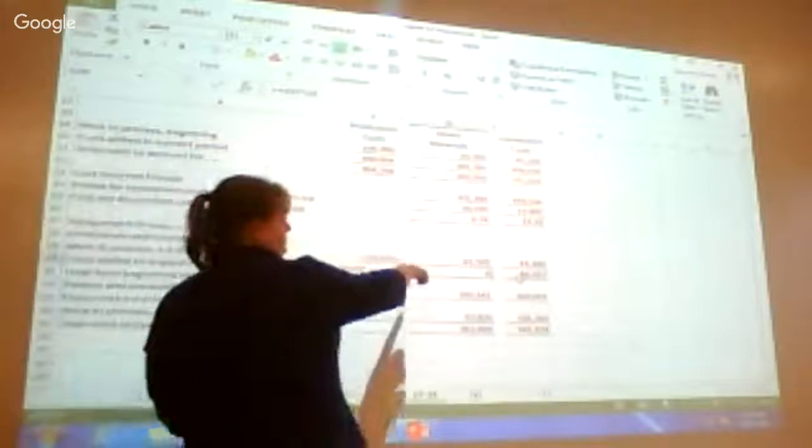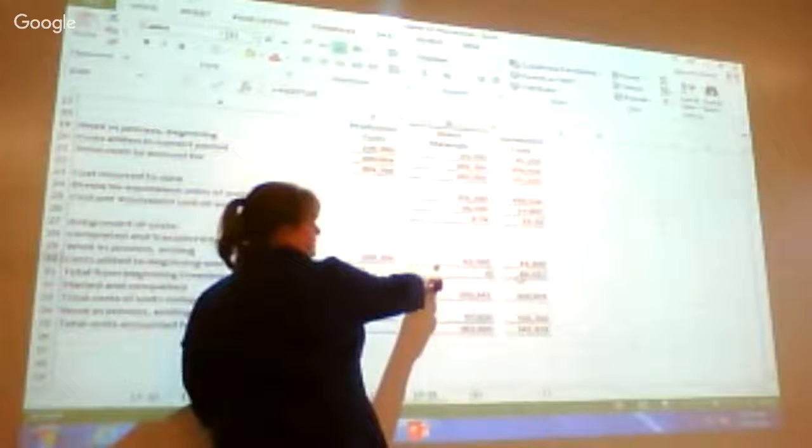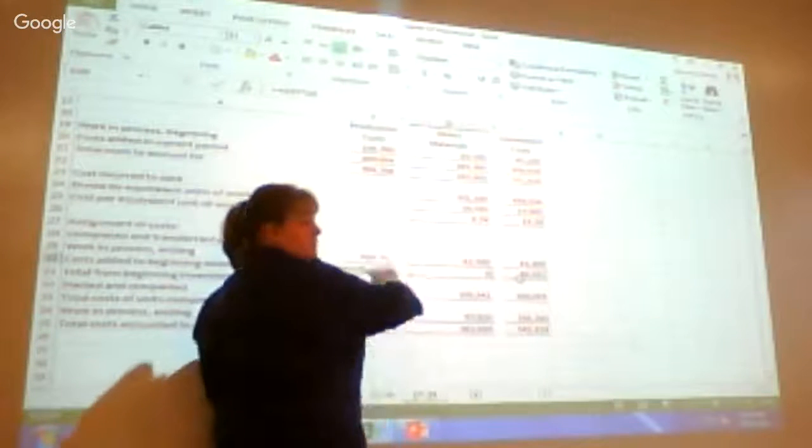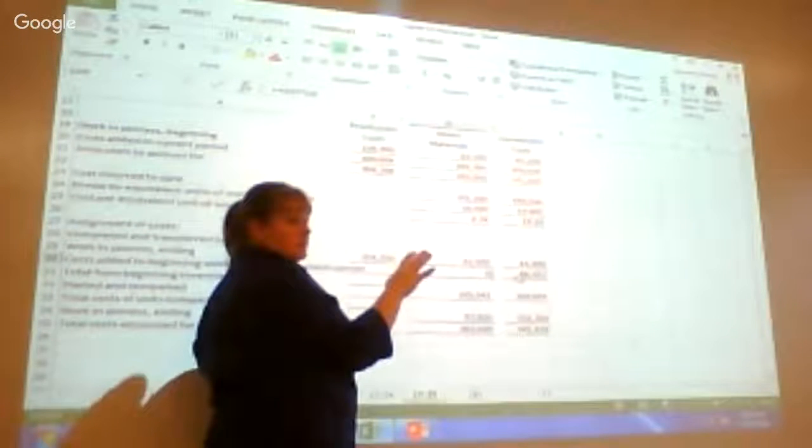And then I do the exact same thing for the conversion cost. So basically what that tells me is that for my ending work in process, I have $61,500 worth of direct materials, and all the direct materials were already accounted for, so that's how I got 0, right?